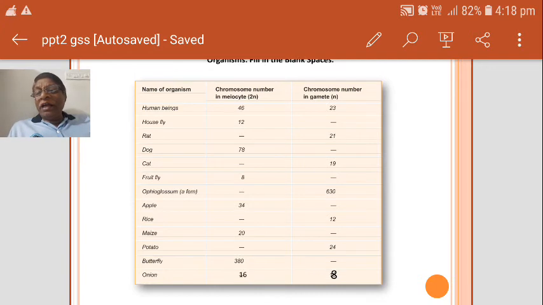So we have seen some animals' diploid number and the haploid chromosome number. Okay. Now, let us see some plants as per your book.